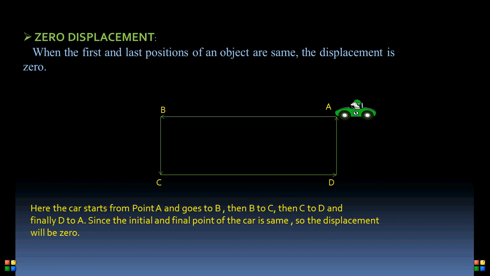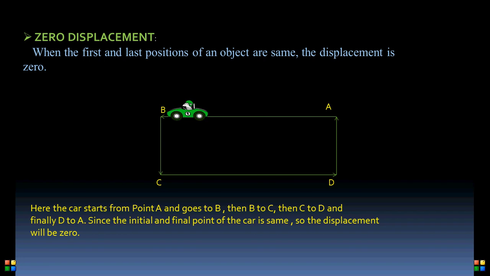For example, as you can see here, the car moves from A to B and then B to C, then C to D, and finally it comes back to A. Since the initial point and the final point of the car are the same, we will say that the displacement of the car is zero here.